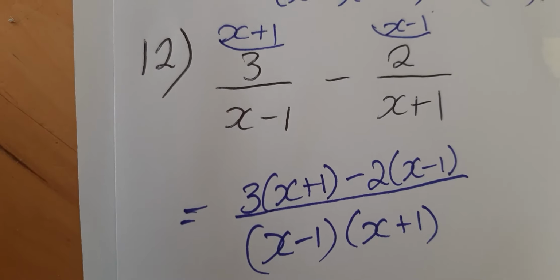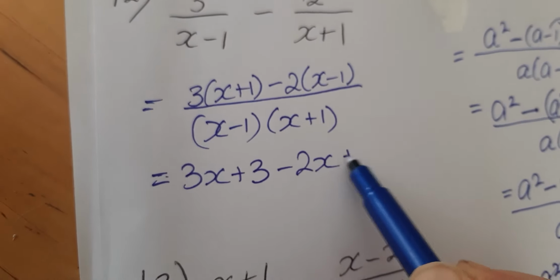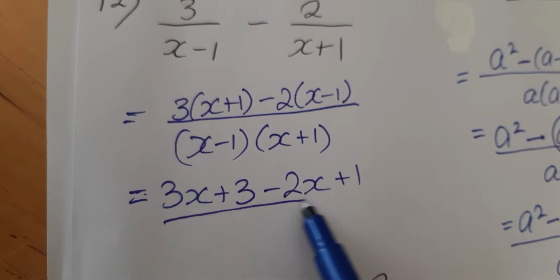We multiply those out, so it's 3x plus 3 minus 2x plus 1 over x minus 1 times x plus 1. Now 3x minus 2x is x, and 3 and 1 make 4 over x minus 1, x plus 1. That's my final answer. Nothing actually cancels here.